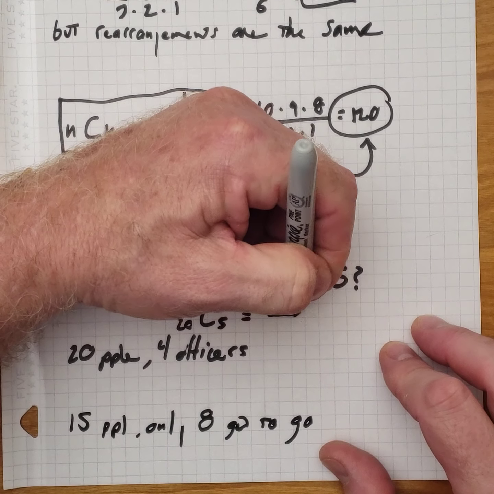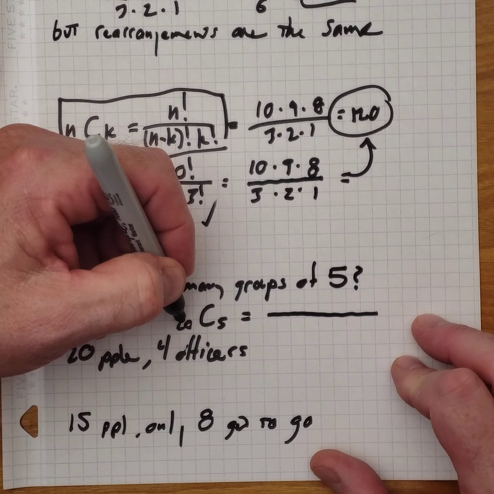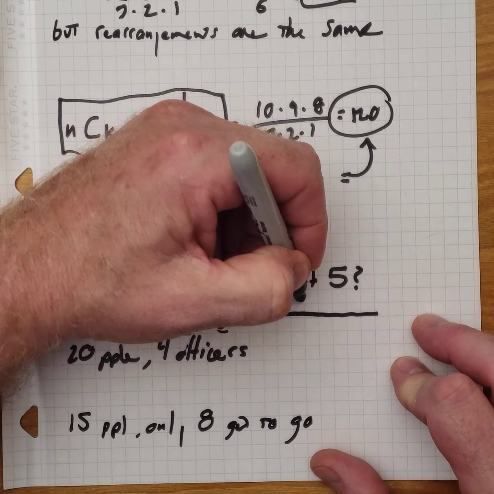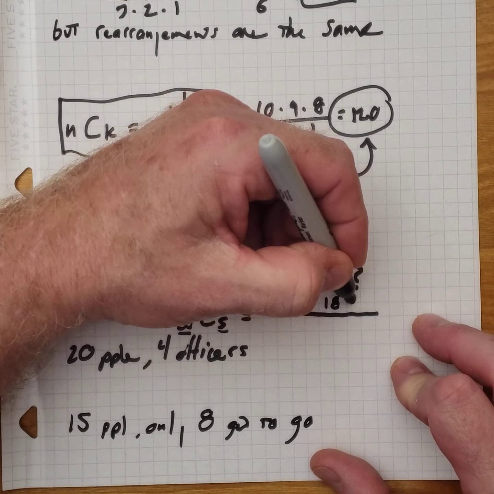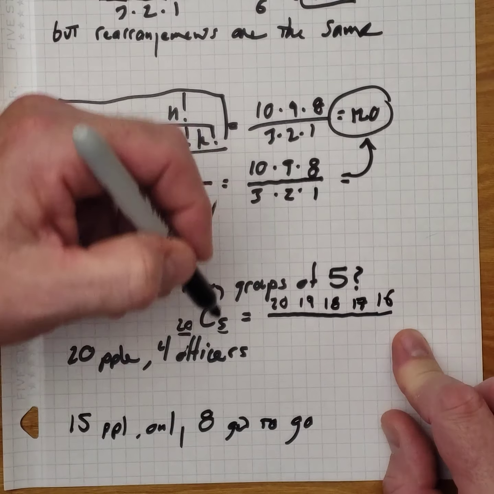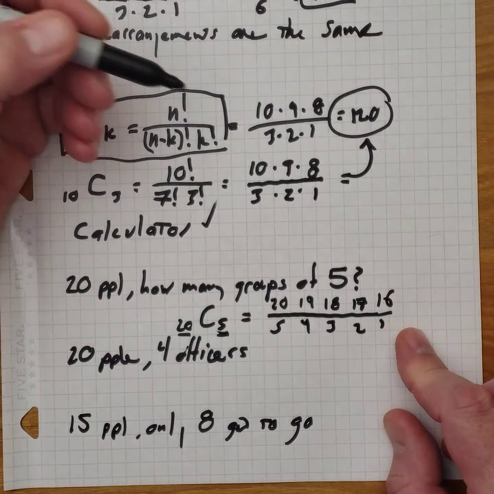We'll do the calculator in a second, but I want to show how really easy this is to do by hand. Start out with 20 and do the first 5 numbers. So 20, 19, 18, 17, 16. Got 5 of them up there. And then in the bottom, we just do 5, 4, 3, 2, 1.